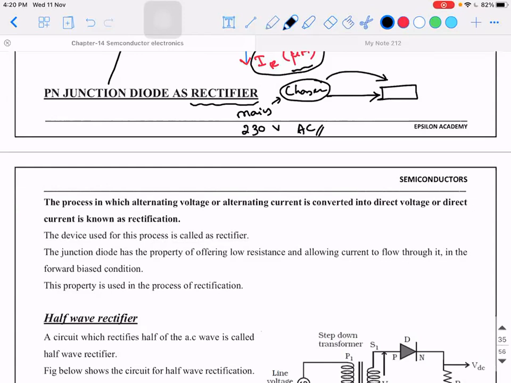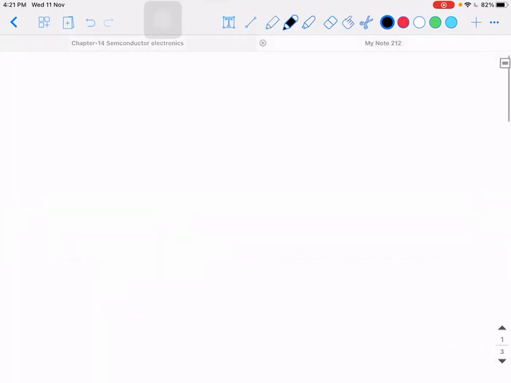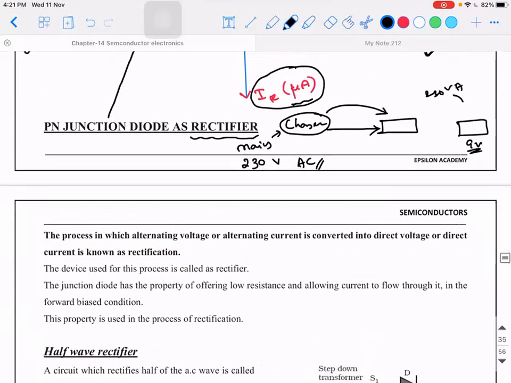Or else you can think of any other device. For example, any device which works on, let's say, a 9-volt battery. You connect an adapter. When the adapter is connected to the 230-volt AC supply, the device you are using requires only 9-volt DC, right?